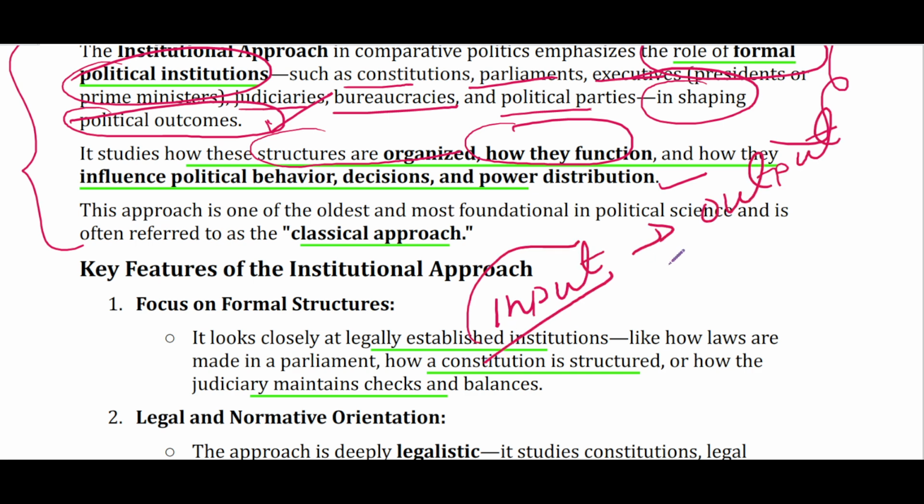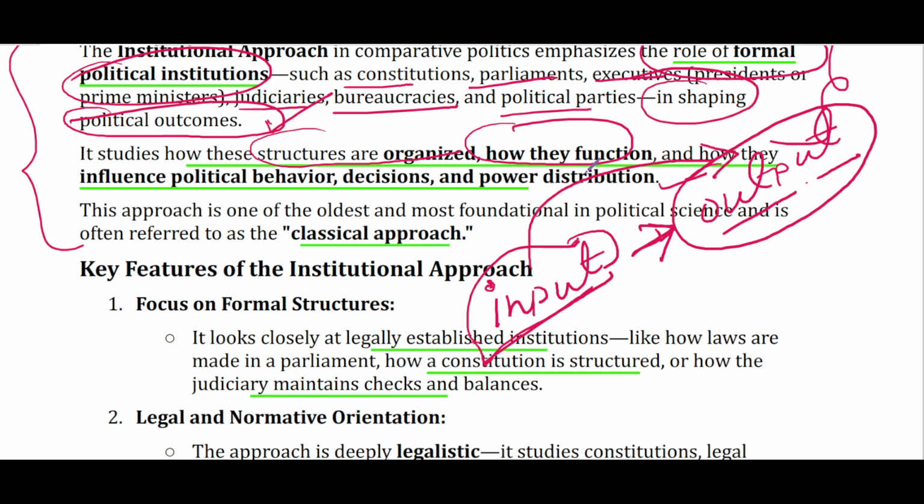So if you want to look at comparative political analysis, the broader level idea is this, that we look at certain inputs, and those inputs can be formal like political institutions, they can be informal like social factors, they can be economic inputs. So all such inputs are studied, and then a correlation, a pattern is identified where such input led to that particular outcome.